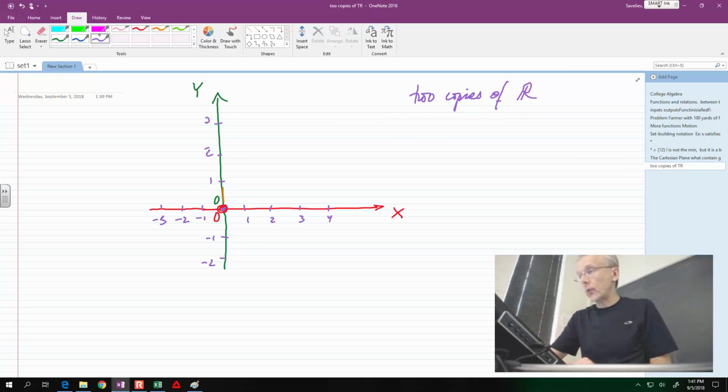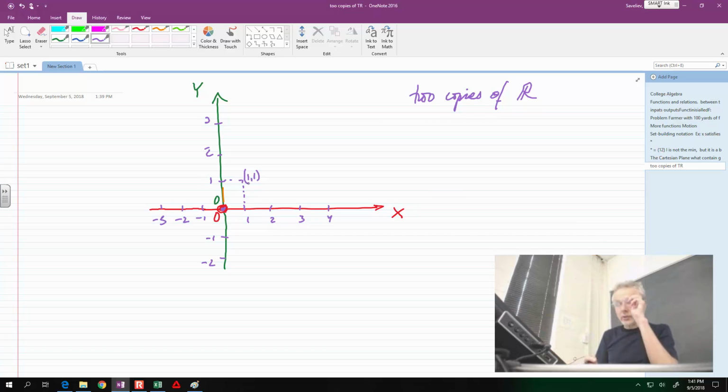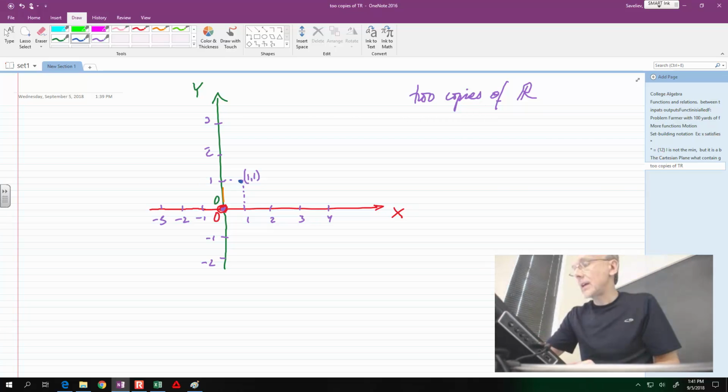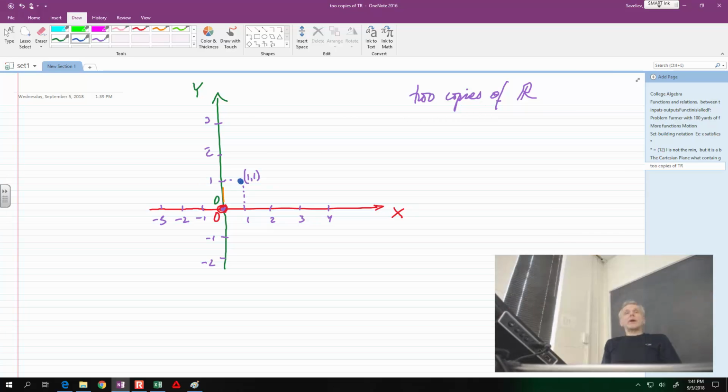For example, this is another point, and this point is 1, 1. 1, 1 is a location, also known as the coordinates of that point. So we express that location, this dot, numerically. That is the point of the Cartesian plane: every point on the plane can be expressed algebraically as a pair of numbers.